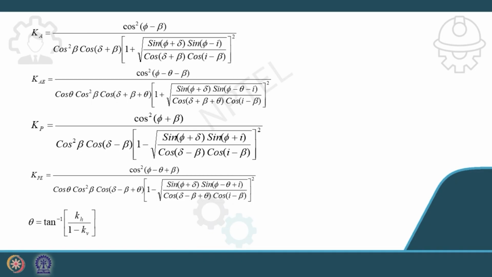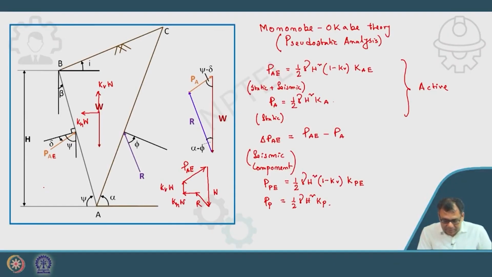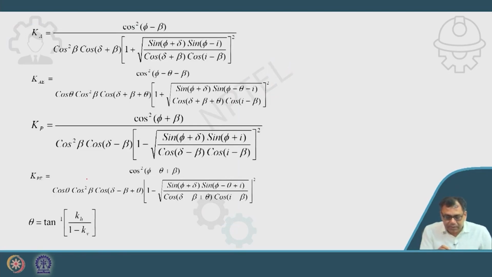As for the meaning of the terms, phi is the friction angle of the soil. Beta is the angle the wall makes with the vertical. Delta is the friction angle between the soil and the wall, and phi is the soil to soil friction angle.